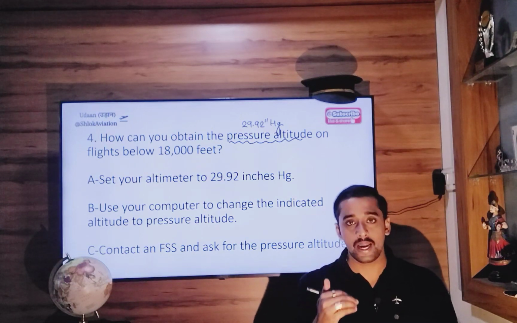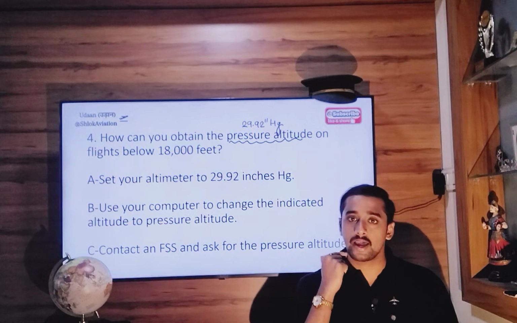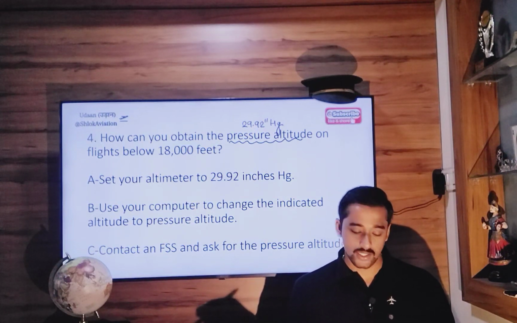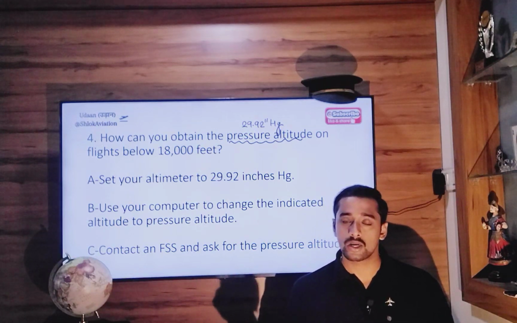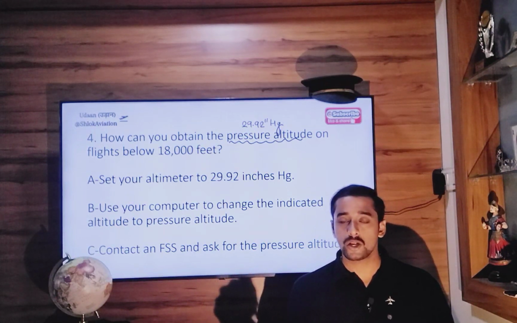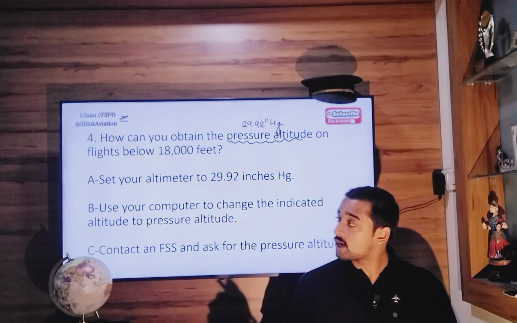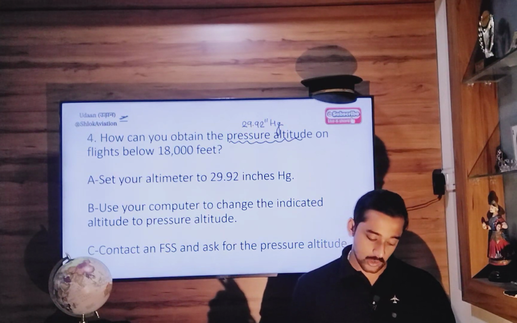So if you're flying below 18,000 feet, where most of the time you fly at QNH or at local atmospheric settings, if you want to find out pressure altitude, just set 29.92 in your altimeter setting window, and you will get pressure altitude indicated to you. So set your altimeter to 29.92 inches mercury. Use your computer to change indicated altitude to pressure altitude.